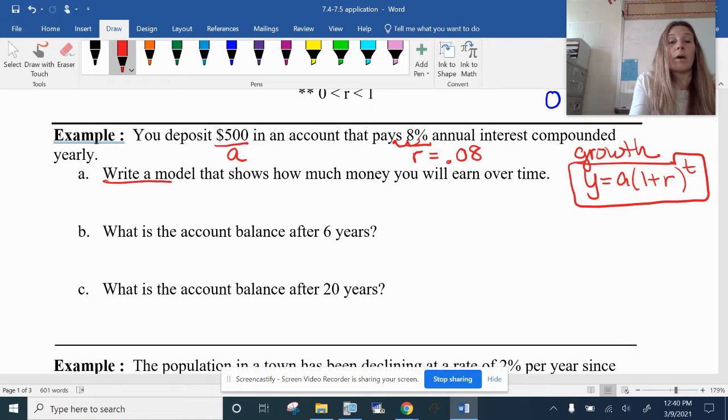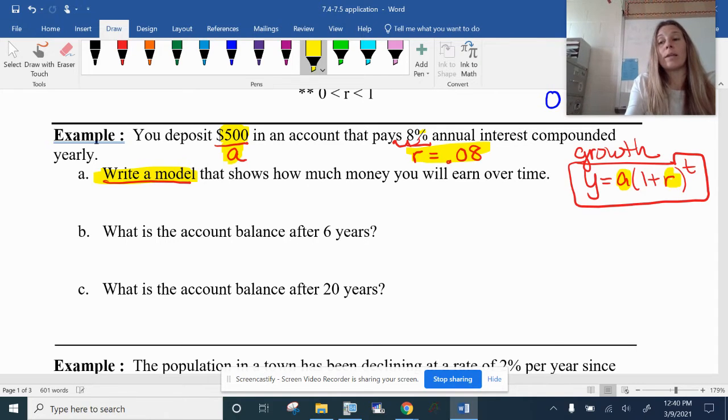So when you're writing the model, you're just substituting in the A and the R. You're not putting in the T yet, because this is a model that can be used.